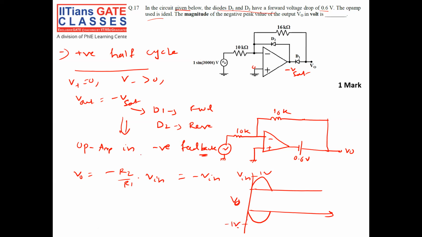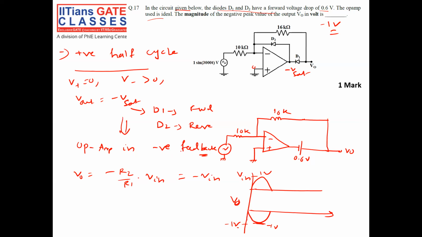So this is the V out I expect during my positive half cycle. What is the magnitude of the negative peak? The negative peak here is minus 1 volt.